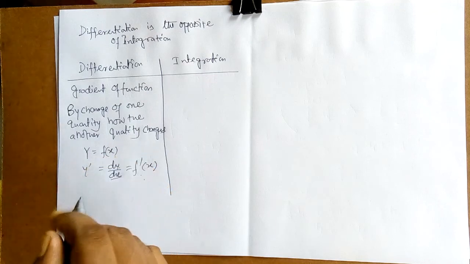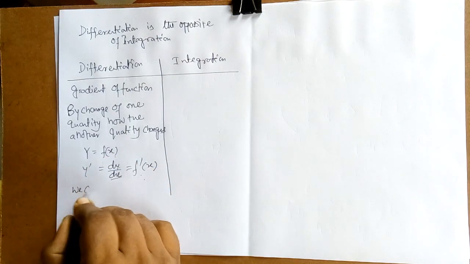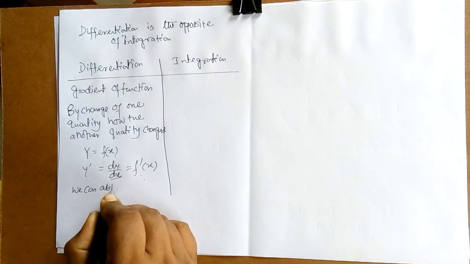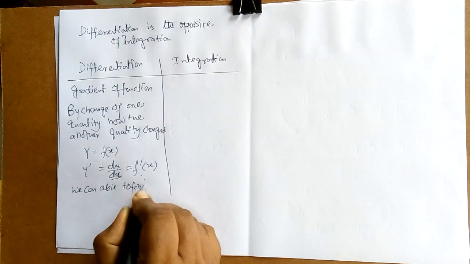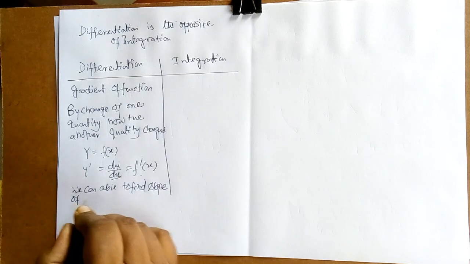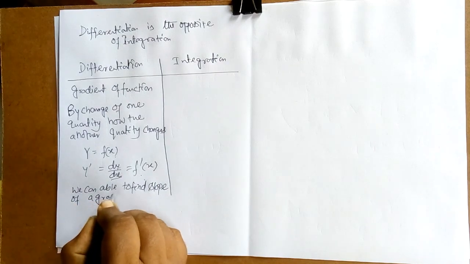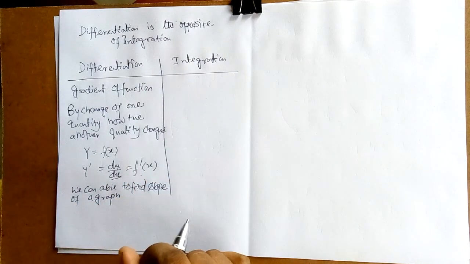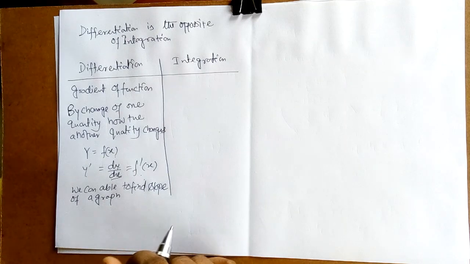And in a graph we are able to find the slope of a graph. So with the help of differentiation we can find the slope of a graph.